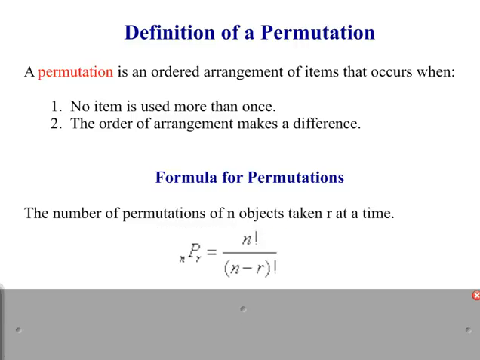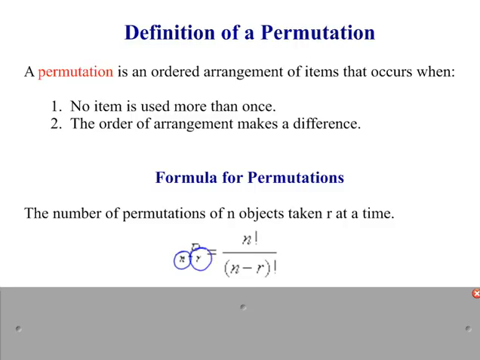There is a formula for calculating permutations. We read this part as the number of permutations of n objects taken r at a time. n stands for the total number of objects in the scenario, and r stands for the number of objects that we're actually going to be arranging.